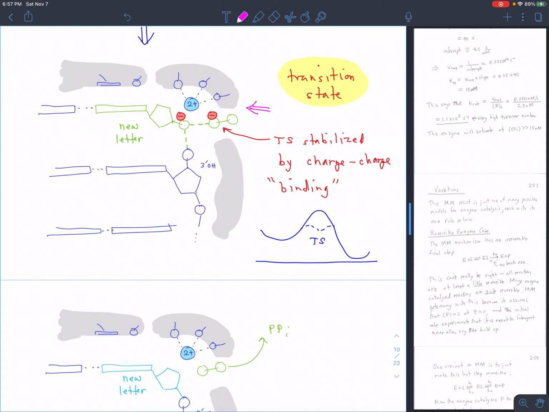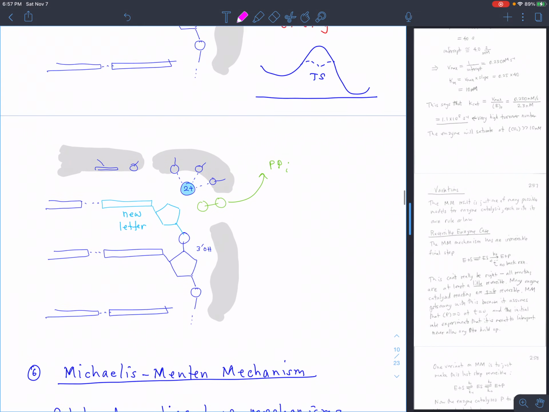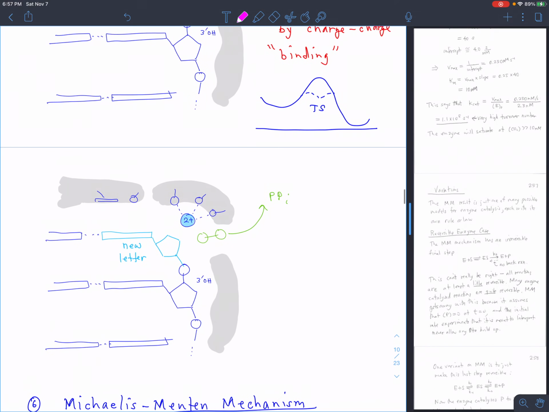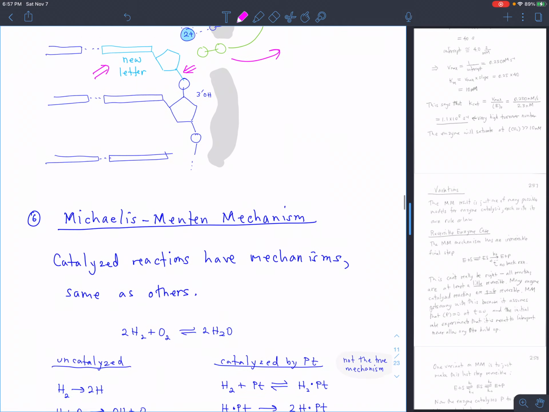An arrangement of atoms such that the transition state is more stable, happier, if you like, at lower energy than it would be if it were on its own. And the net result is, yes, the bond that you need forms, and the alpha phosphate goes away, and the new letter is stapled in place in the growing DNA.